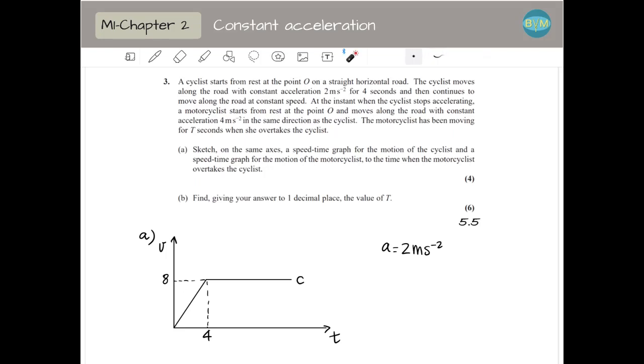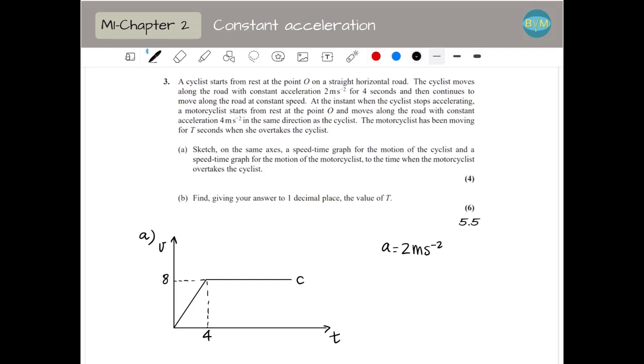Then the motorcyclist starts from rest. So it's going to start from rest, at any point here, because velocity is 0, right? But later. So they don't start at the same time. They start with constant acceleration of 4 meters per second squared in the same direction. And it says the motorcyclist has been moving for t seconds when she overtakes the cyclist.